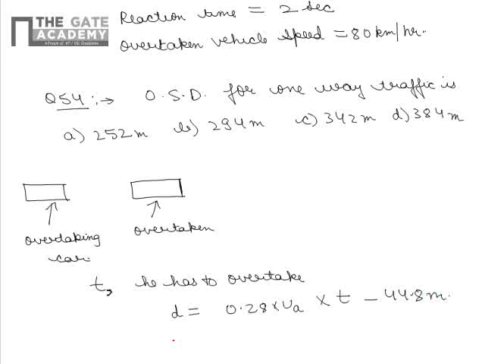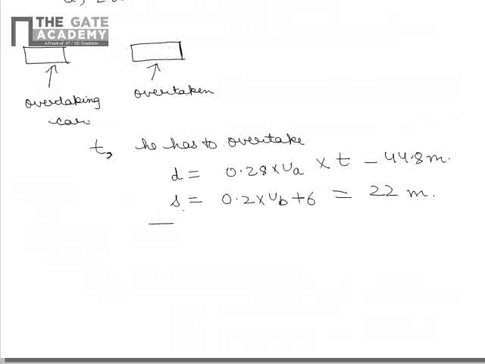Now it has to maintain some safe distance from the overtaken vehicle also, which is given by the empirical formula S equal to 0.2 into VB plus 6, where VB is the speed of the overtaken vehicle. So the safe distance to be kept is 22 meter, and capital T is the time required to complete the overtake action.